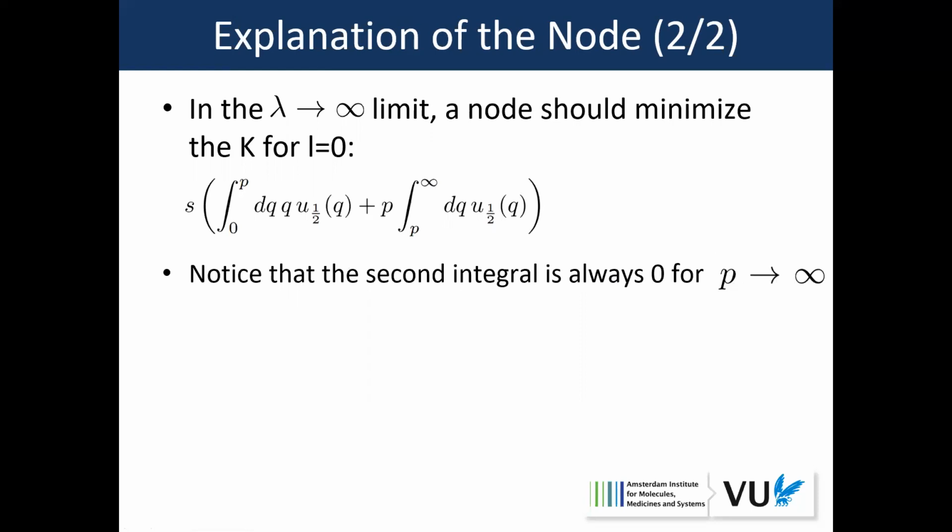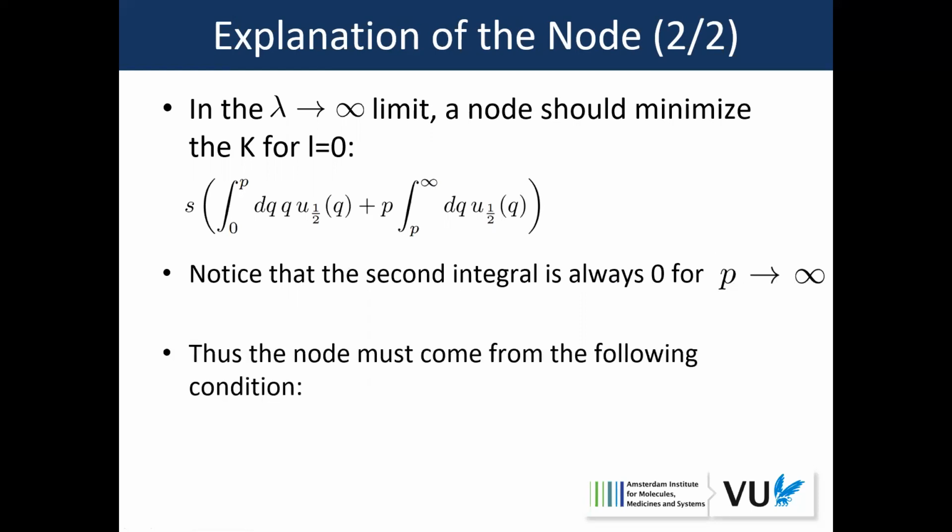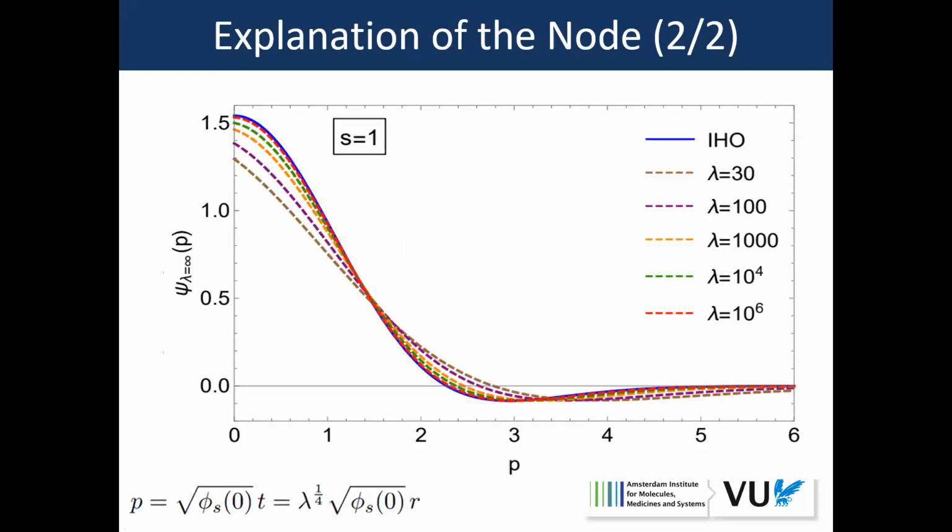So the second term will always be gone. So the condition that causes our nodes must be the first integral between 0 to infinity from dq like this. And here we can immediately see that we need to have a node because u needs to change sign. So this is exactly what we will have. And this is also exactly what we can get if we plot it for the IOH using the scaled coordinates p, which for a reminder is this scaled coordinates.